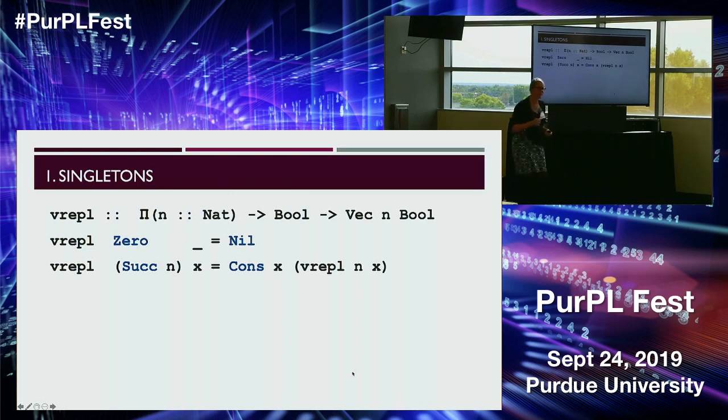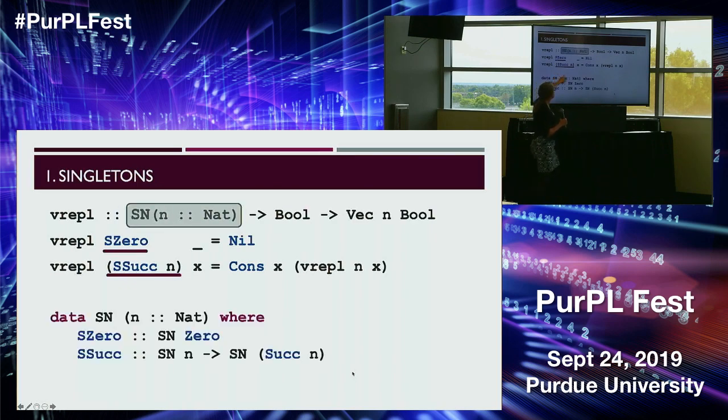Okay, so we can't write this in Haskell, though. And why can't we write this in Haskell? We don't have this pi. So what do we do instead? In Haskell, we create a new data type that is isomorphic to natural numbers, and that's what we're going to dispatch on instead.